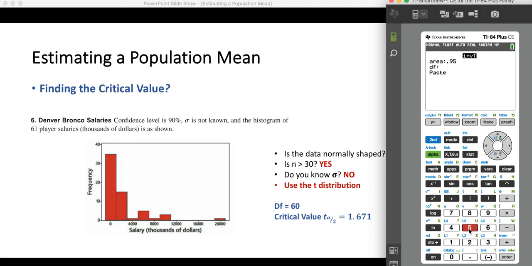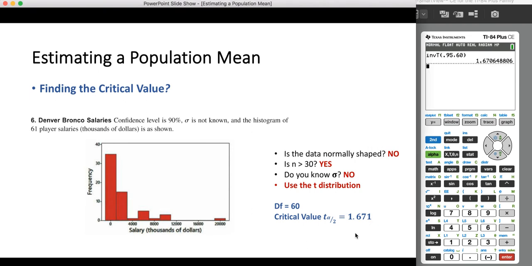The degrees of freedom is 60 in this problem. Since we have 61 salaries, n is equal to 61, and 61 minus 1 is 60. So we'll paste that in there, press enter, and we get a critical value of 1.671.